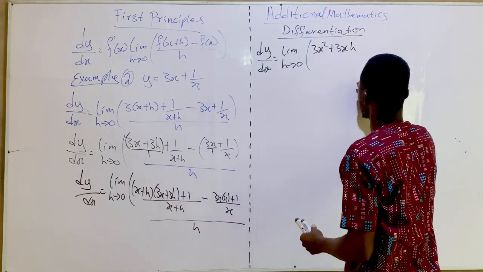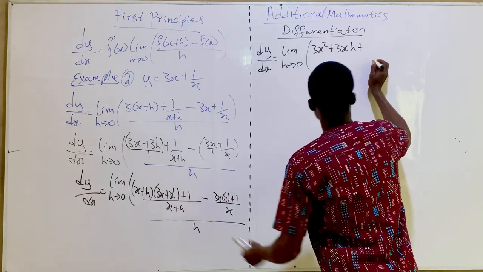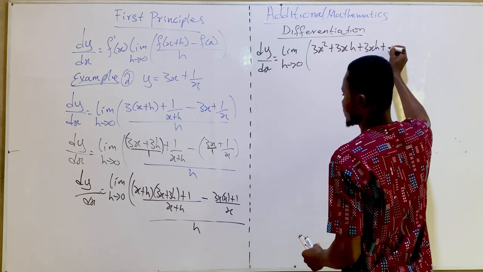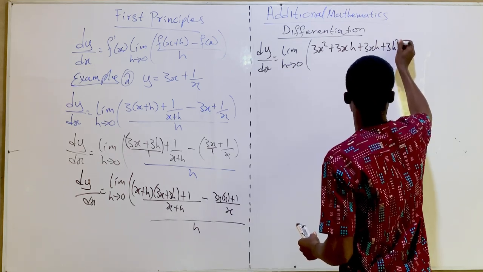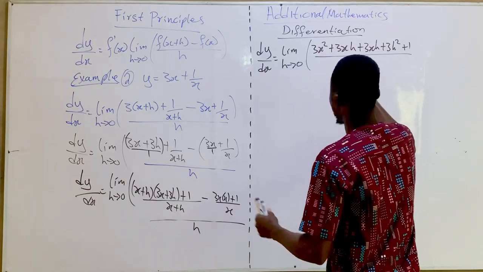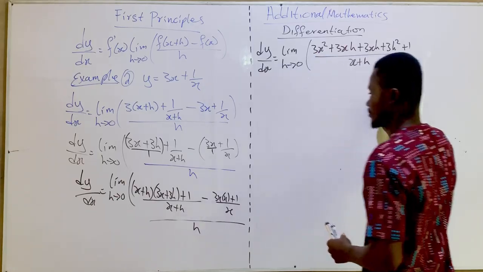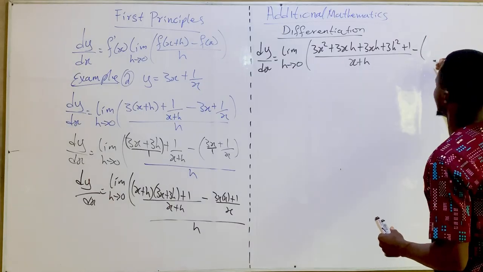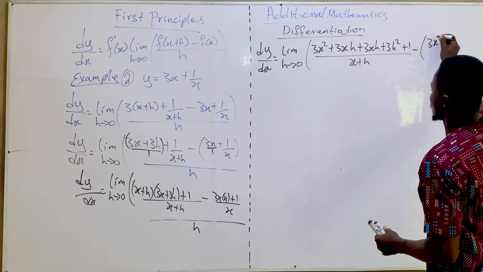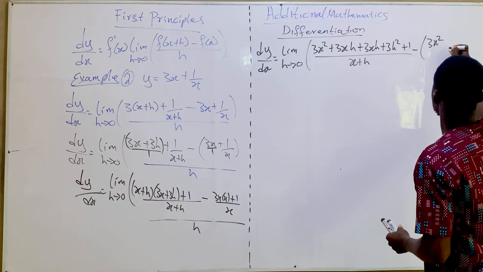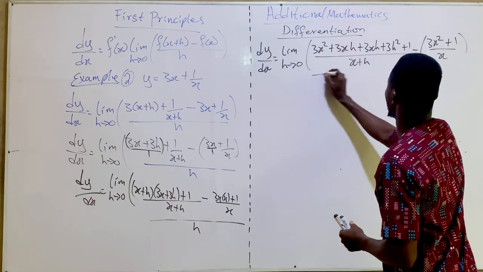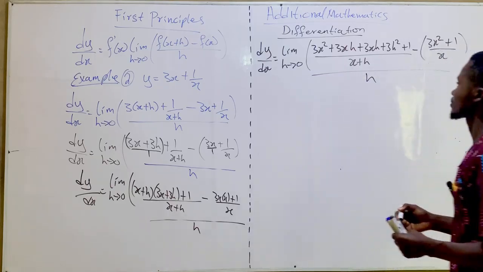Then we use the h also to multiply, plus 3xh plus 3h squared plus 1, all over (x plus h), minus, over here we multiply it out, it gives us 3x squared plus 1, all over x, all over h.